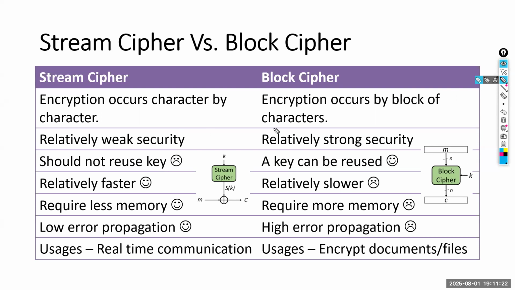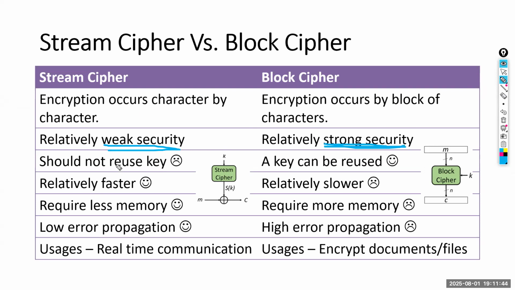So block ciphers, you need to wait for a block of data. But stream cipher, we can just smoothly do the processing then and there when we get the data. But block cipher has better security. These are very important for the exam. Stream ciphers are less secure.